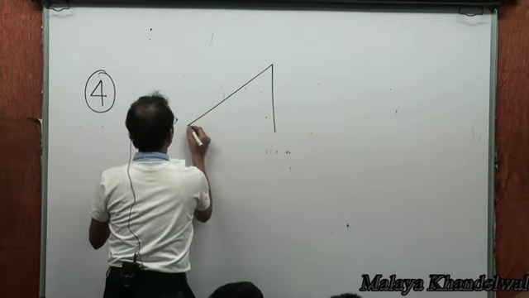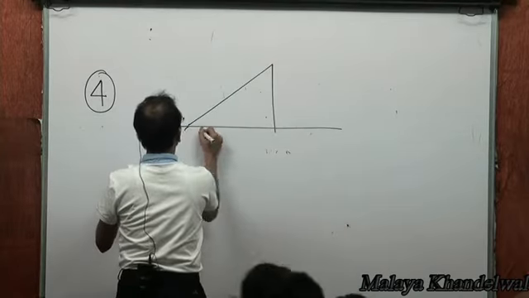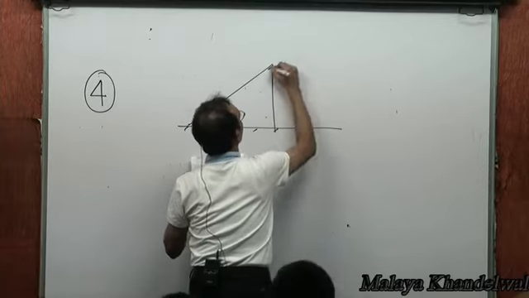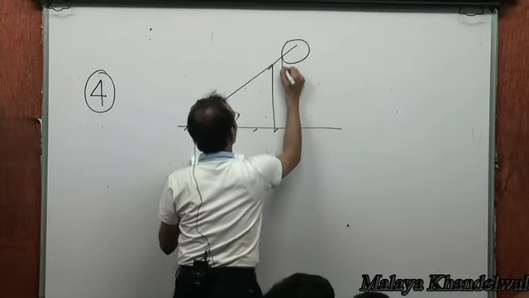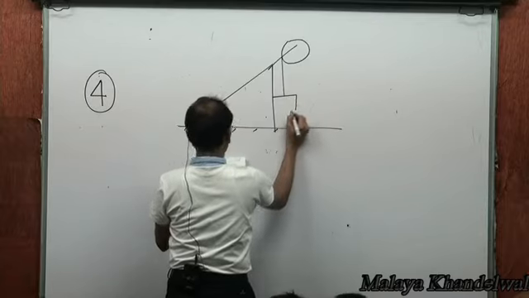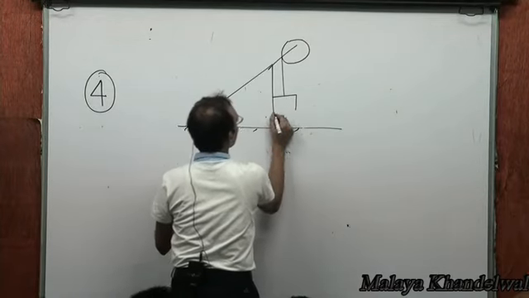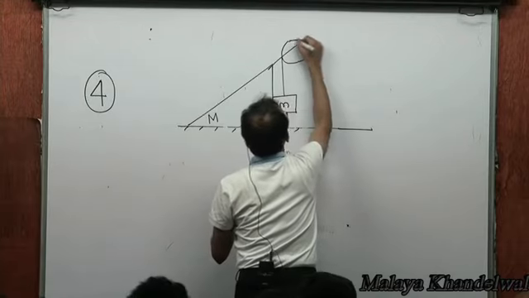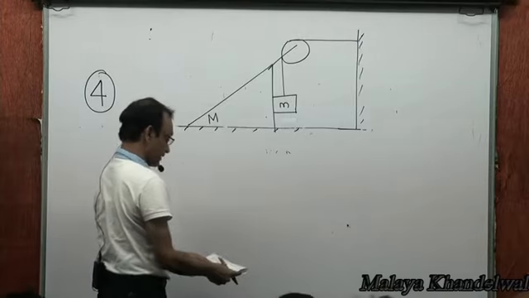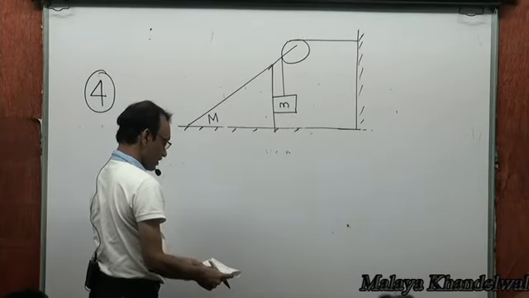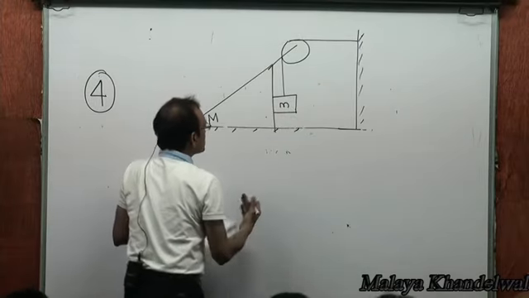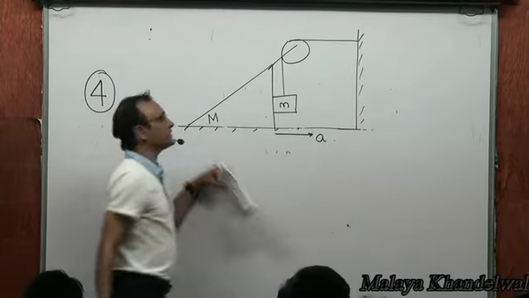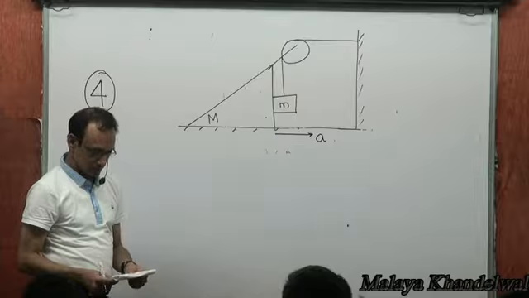Now there is an inclined plane like this. There is a block, an inclined plane of mass capital M, and a block of mass small m. For some reason, in some manner, let's say the inclined plane has an acceleration a to the right.